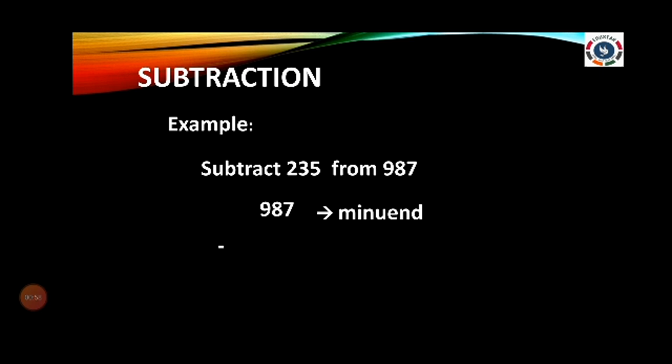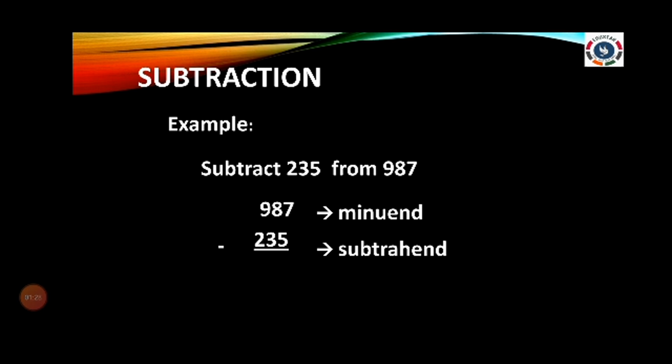And for the second number, what is the symbol for subtraction? Minus, that you have to mention. Then write the second number, that should be smaller. Which is the smaller value here? 235. So you write 235 below that. How do we call the second number? It is the subtrahend. The first number, the biggest value, we call the minuend. The second number we call the subtrahend.